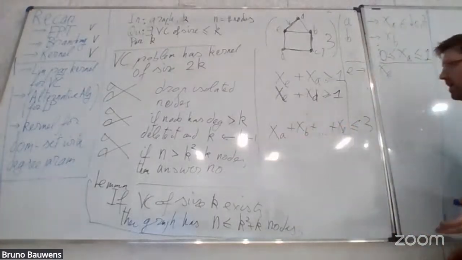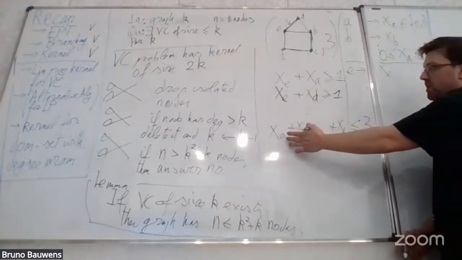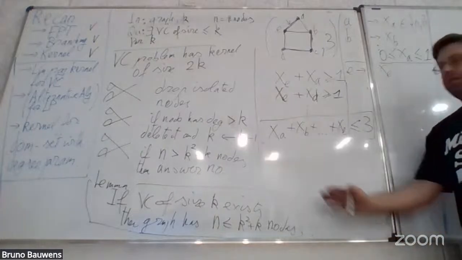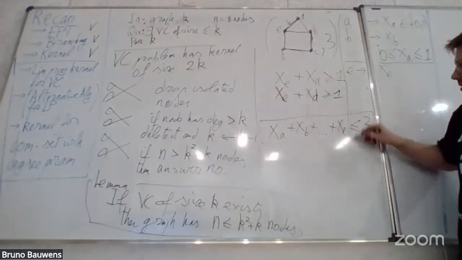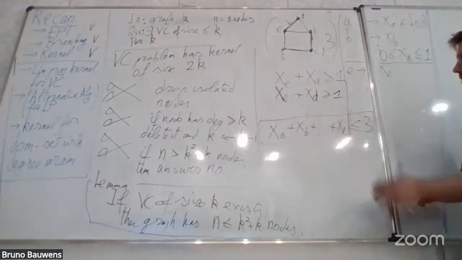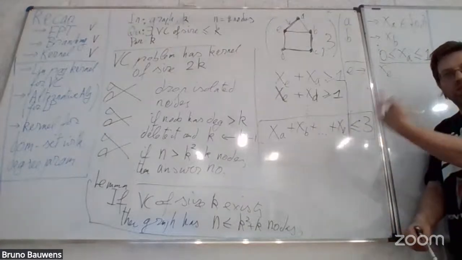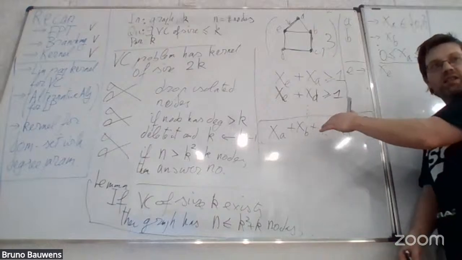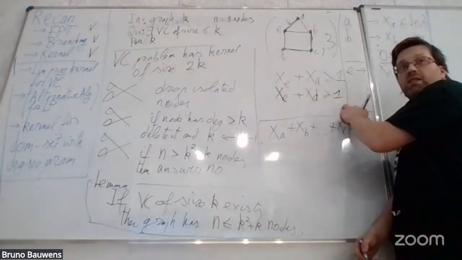Now what we can do is optimize: we give it a target and say minimize this sum. It will give you the minimal value of a linear function under linear constraints, but it will give you a solution that is fractional.